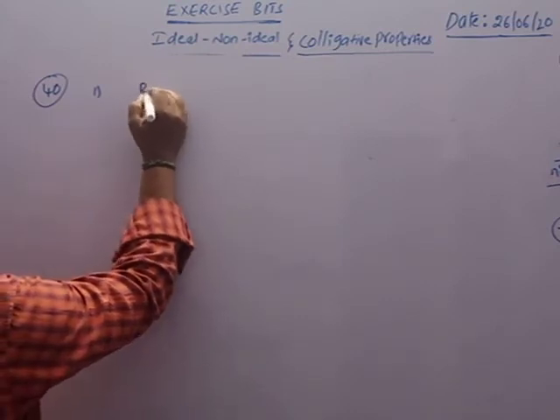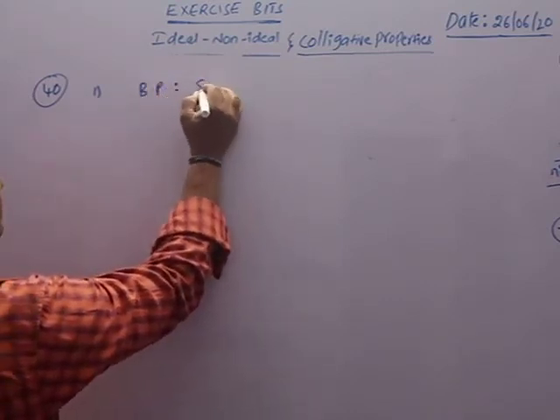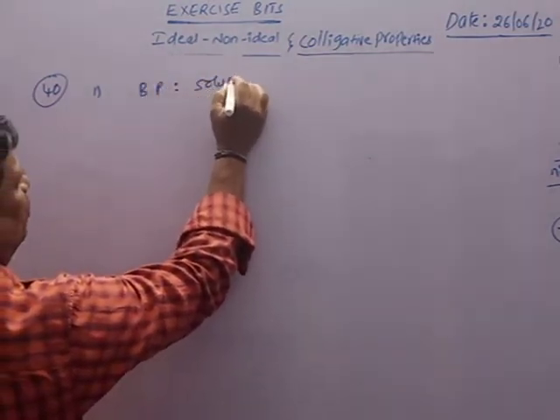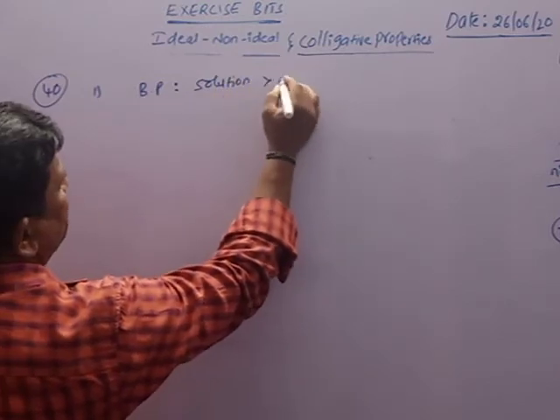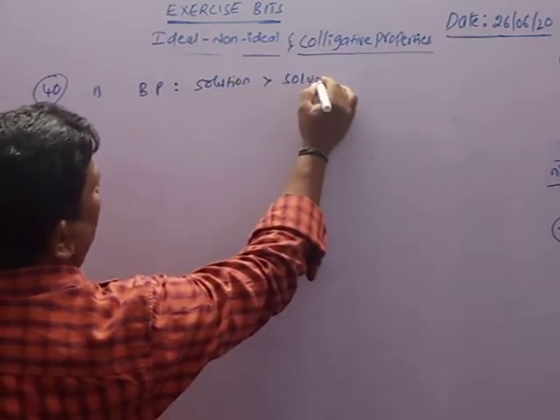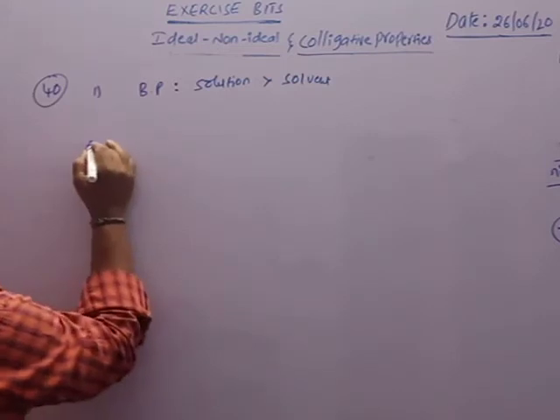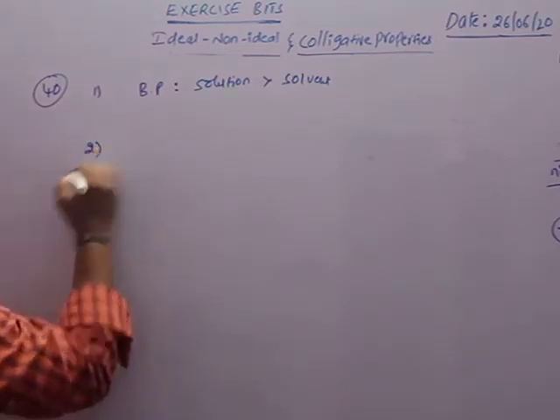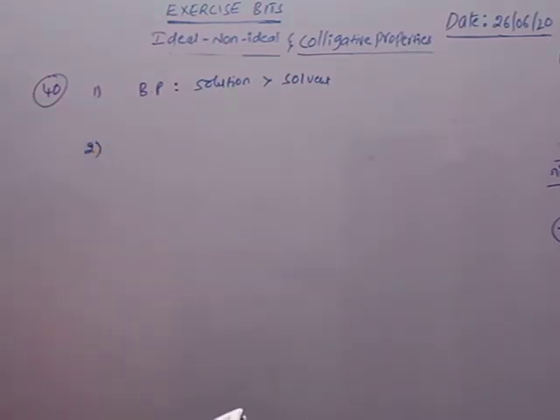So the boiling point of solution is greater than the boiling point of solvent. Now, the second option is: the temperature where the vapor pressure of a liquid becomes equal to atmospheric pressure is called the boiling point.